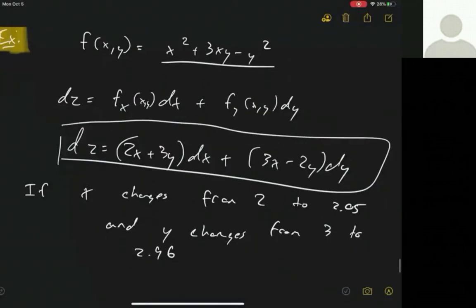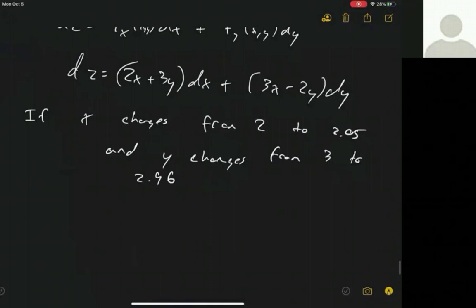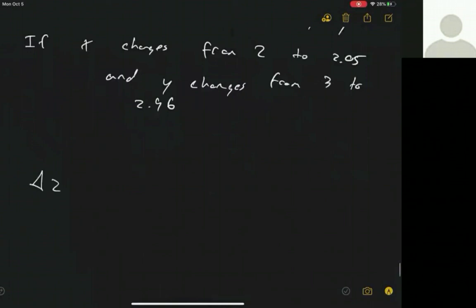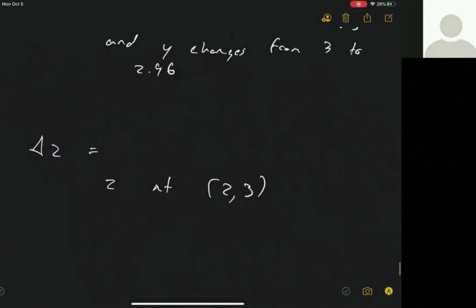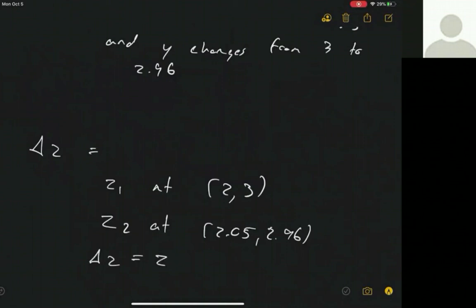Okay. So what is delta z? This is our differential, and this is just an approximation, right? Delta z would be the exact change in z. So to find delta z, we would actually have to find z at 2, 3, our original point, and then find z at 2.05, 2.96, and then delta z would be exactly z2 minus z1.